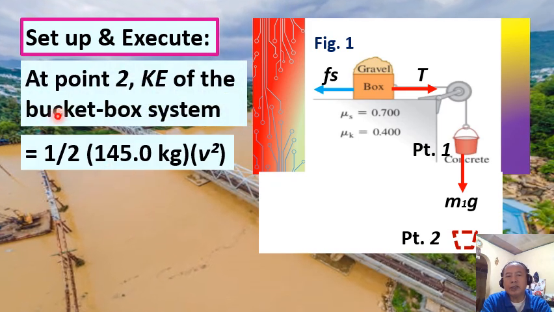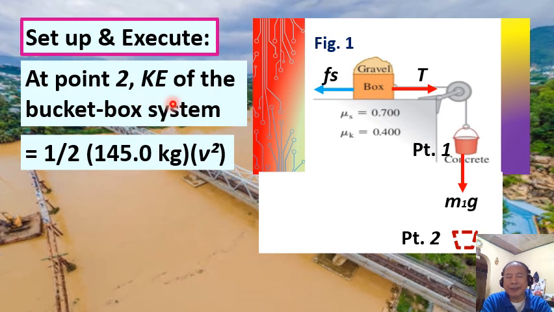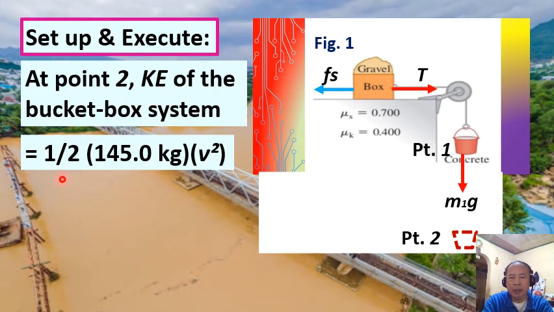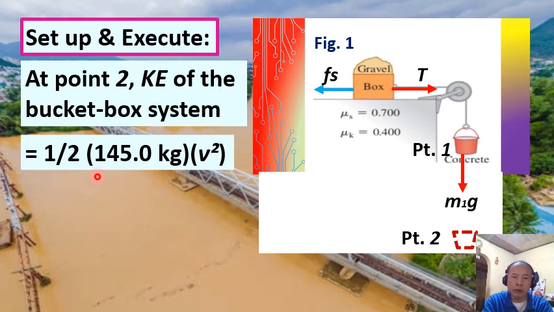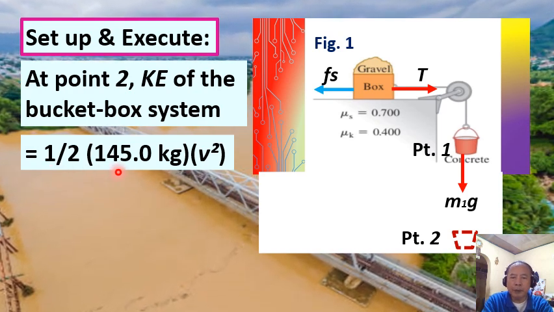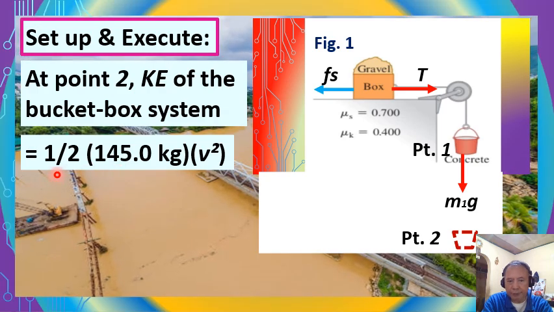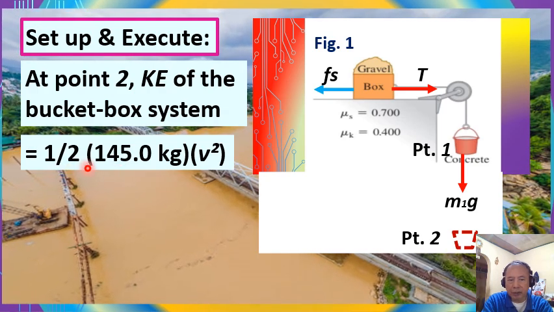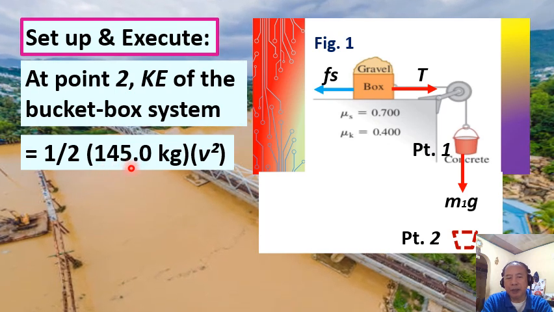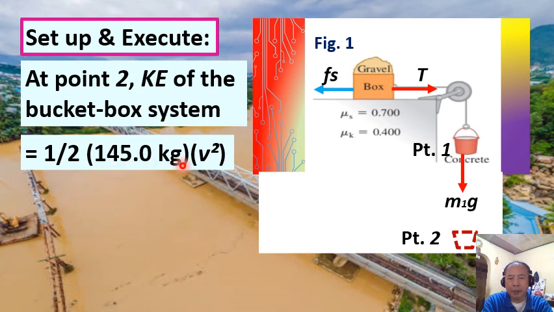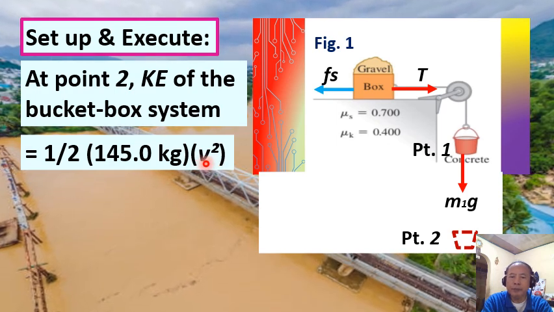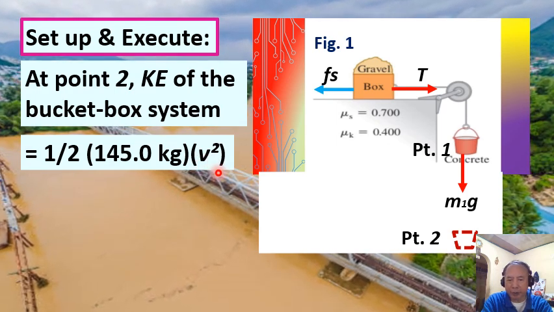Likewise, at the same point 2, the kinetic energy of the bucket and the box system can be computed using the usual formula 1 half mv squared. So that is 1 half multiplied by the combined mass, which is 145.0 kilogram, and multiplied by our unknown quantity v squared.